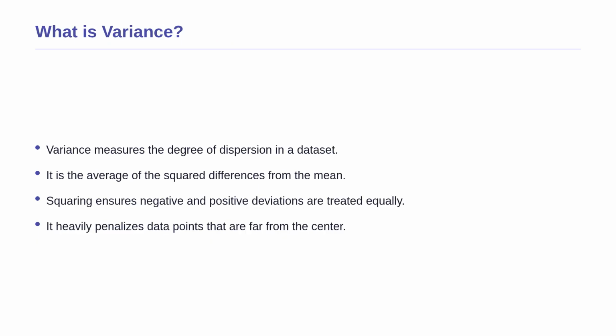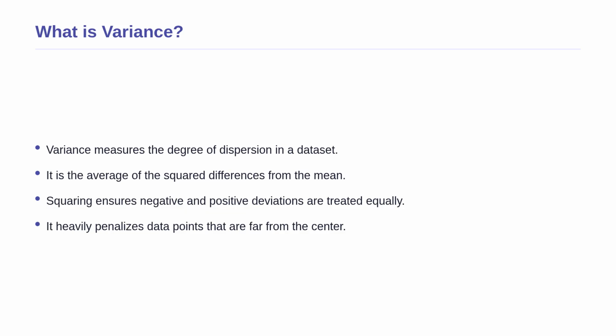Now that we understand why measuring spread is important, let us define our first tool, variance. In biostatistics, variance is formally defined as the average of the squared differences between each individual data point and the mean of the dataset. It quantifies the degree of dispersion, or scatter, in a set of observations.